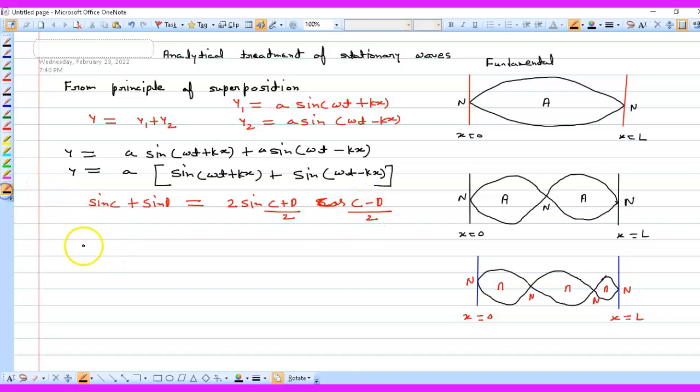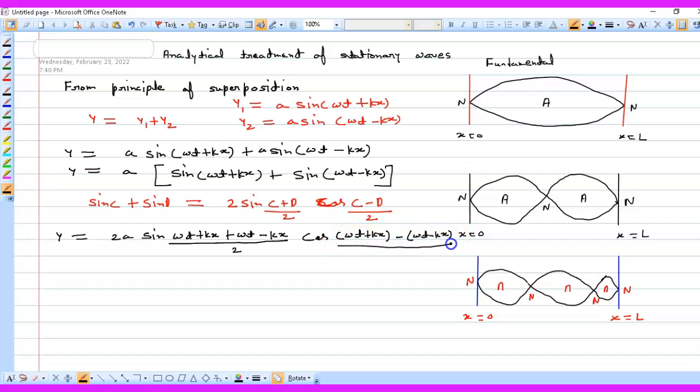Then we get y is equal to 2a sine((omega t plus kx plus omega t minus kx) upon 2) into cos((omega t plus kx minus omega t minus kx) upon 2).